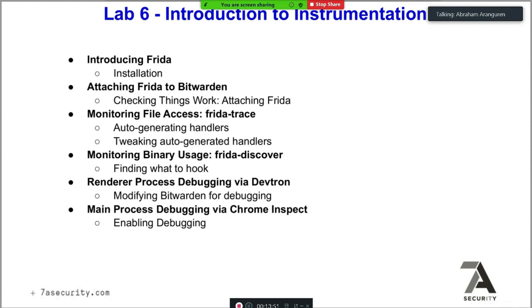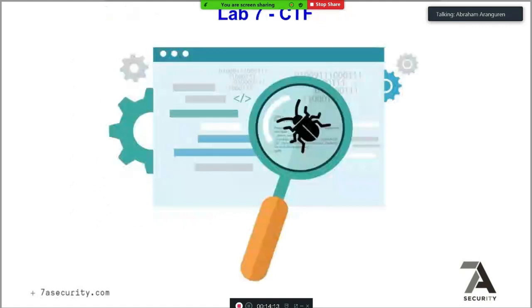All these techniques, like Frida Trace and Frida Discover, work not just against desktop applications, but also against mobile applications. And then the last 2 methods, like DevTron and Chrome Inspect, are more Electron specific, and they give us insight into other stuff in Electron. So these are all the things that are covered.